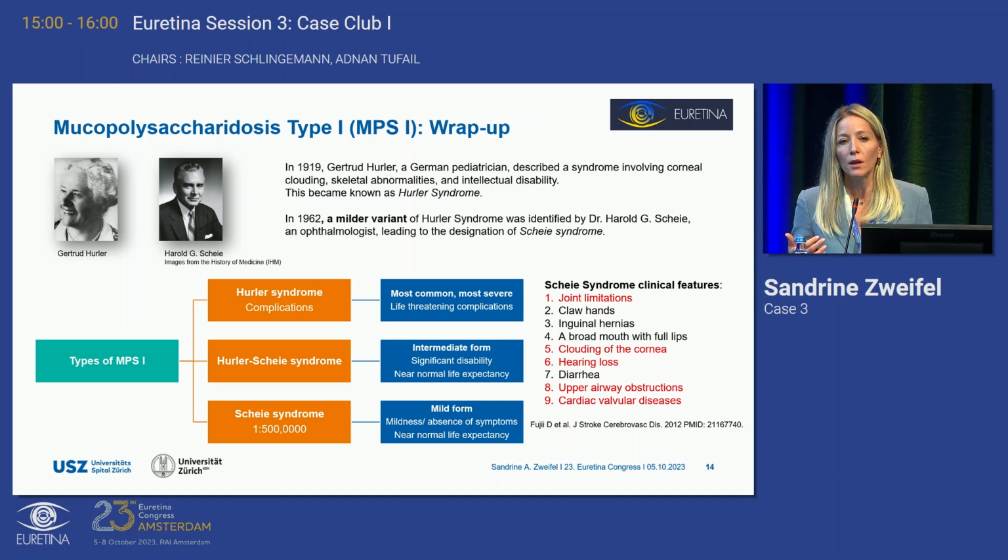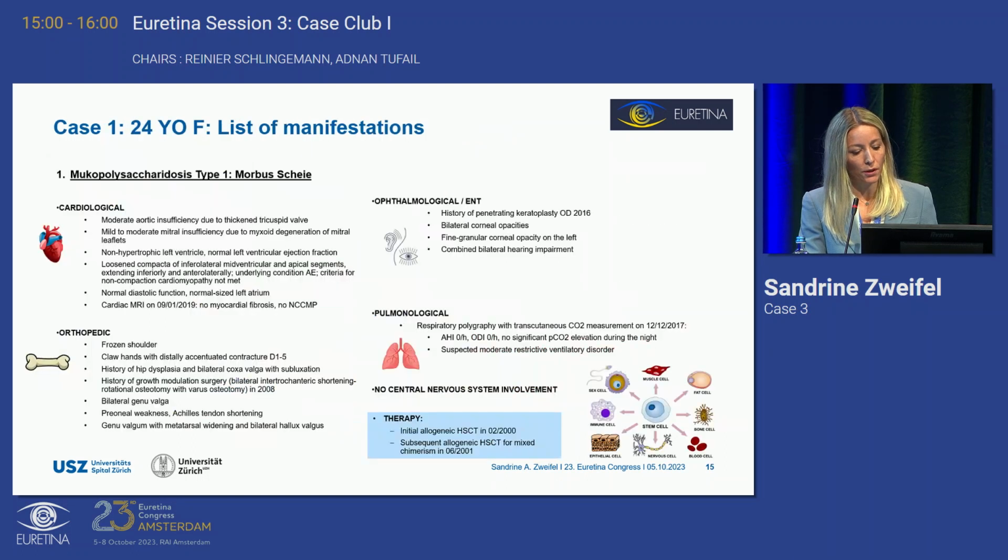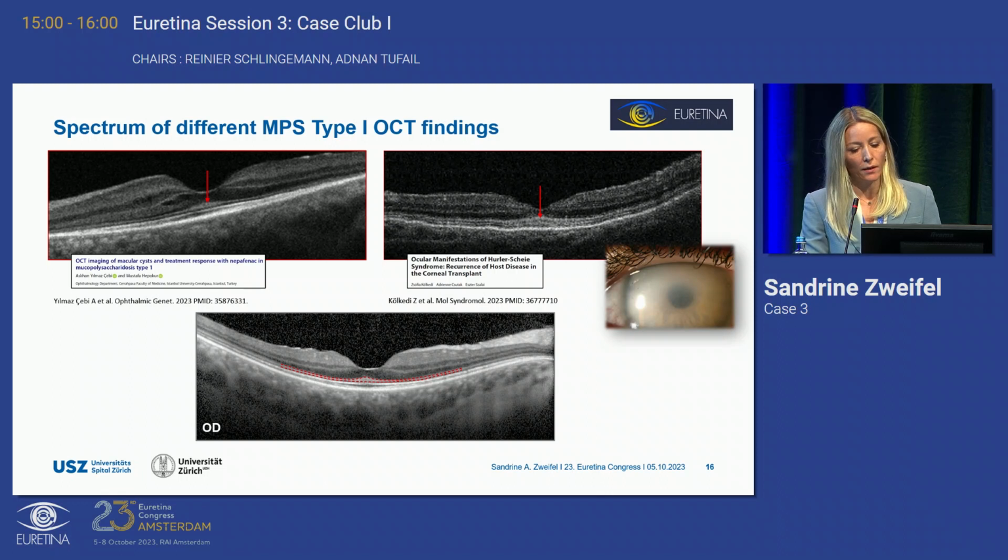So you wouldn't see when the patient comes into your office that this patient has a systemic disorder. However, of course, there are syndromes which have many more severe associated disease. Our patient actually got stem cell transplantation, so the question is, how do you treat this patient? You can also give an enzyme replacement therapy, which was not the case.